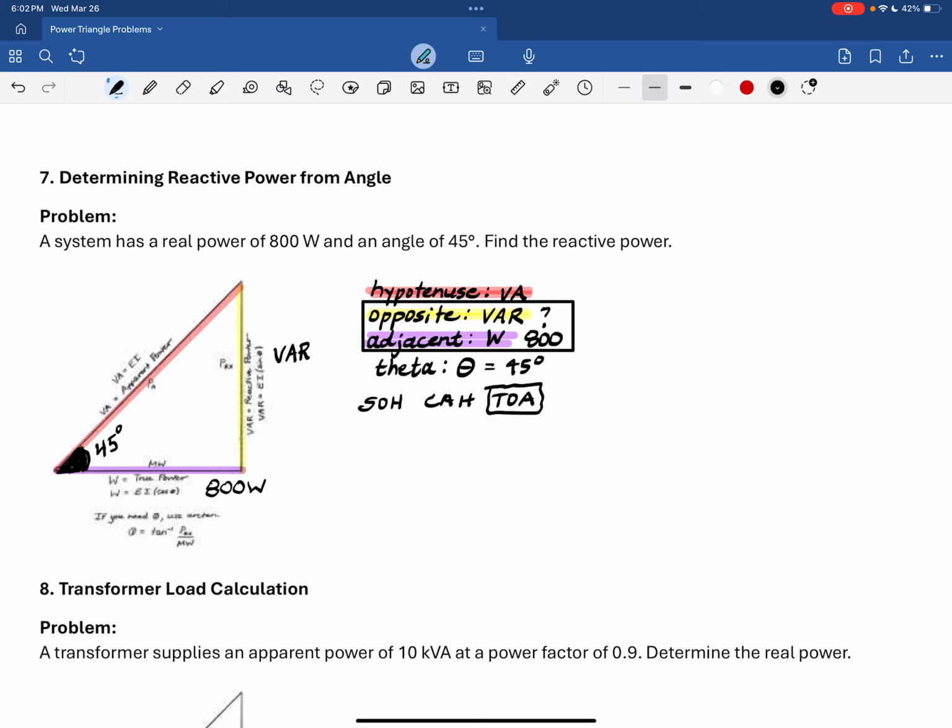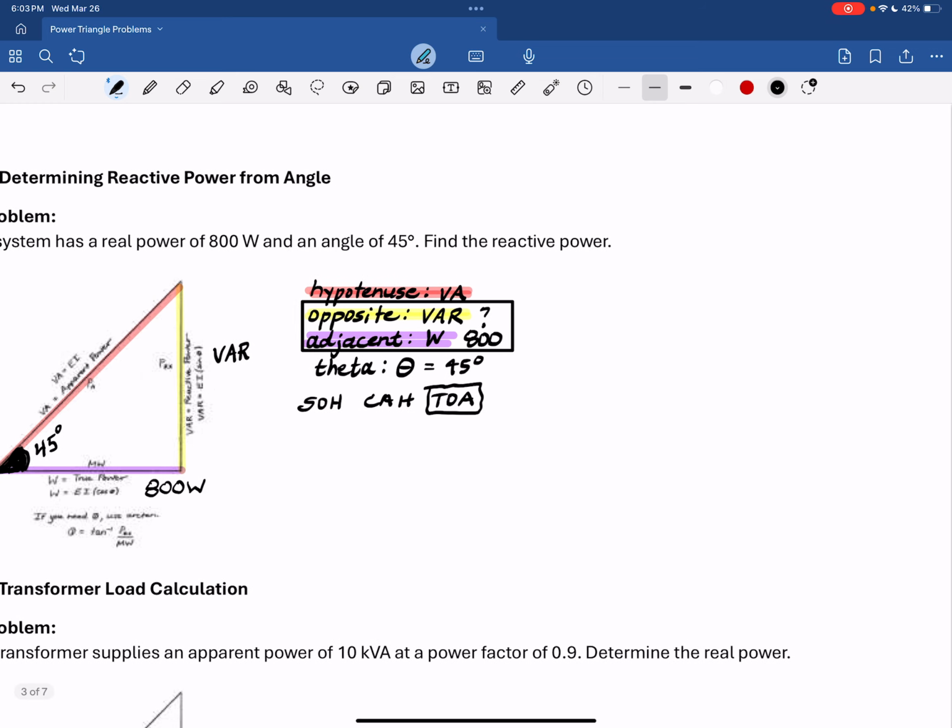That's the tangent relationship. So we want to know the tangent of theta, which in this case is 45 degrees, and that is equal to TOA, opposite over adjacent.